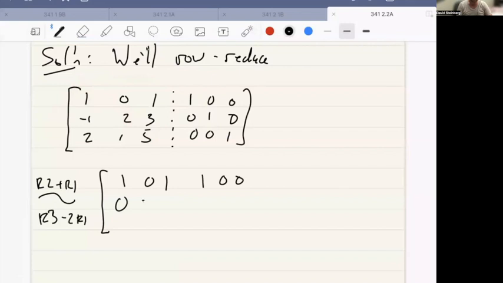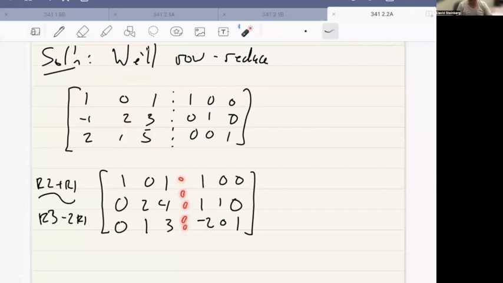This is 0, 2, 4, and then 1, 1, 0. Now we've got 0, 1, 5 minus 2 is 3, and then minus 2, 0, 1. I'm not going to keep writing the dotted line to separate these two parts, but you could mentally put it there. So we've made some progress.